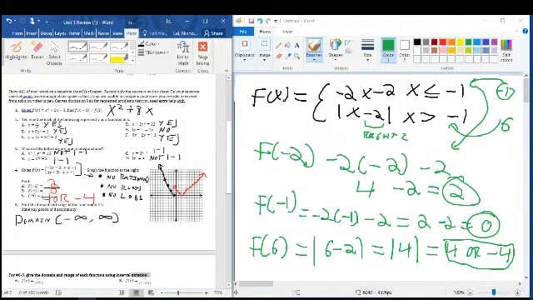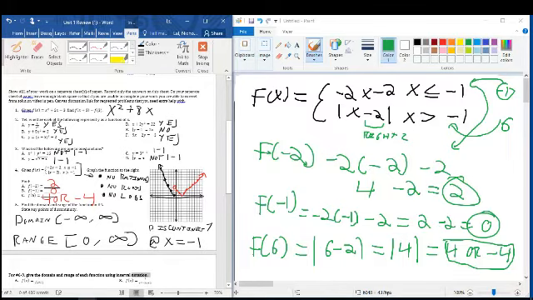For the range, it is the set of all y values. So the lowest y value here is 0, but there's no y values below 0. So the range is going to be from 0 inclusive to infinity, and the discontinuity is going to be at x equals -1.